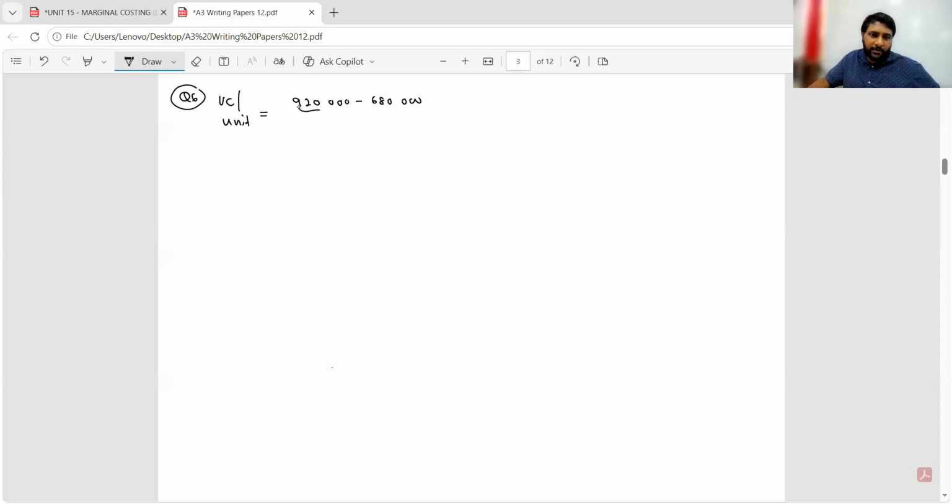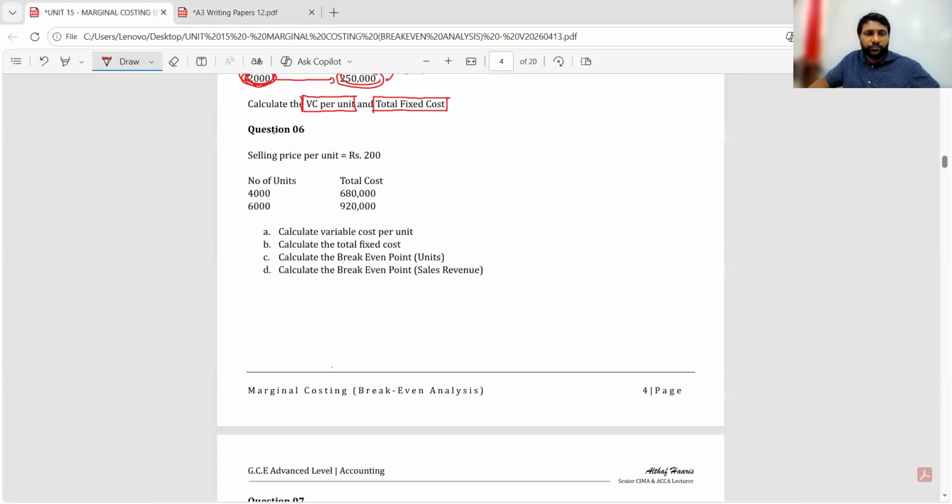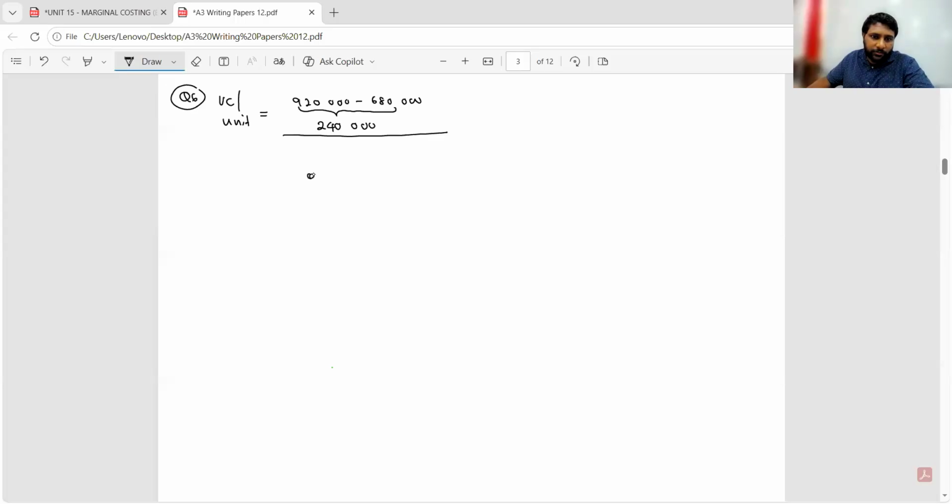So what's the value here? 240,000 divided by 6,000 minus 4,000, which is 2,000. That gives 120. 120 rupees.